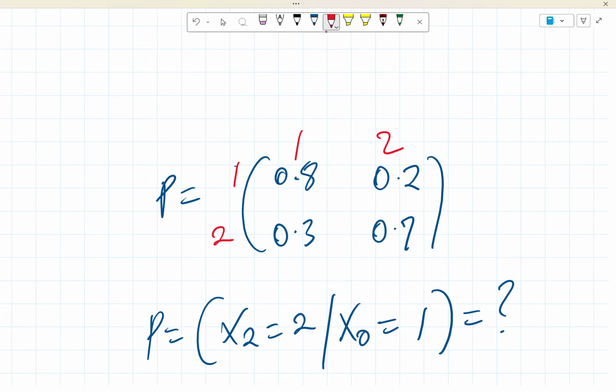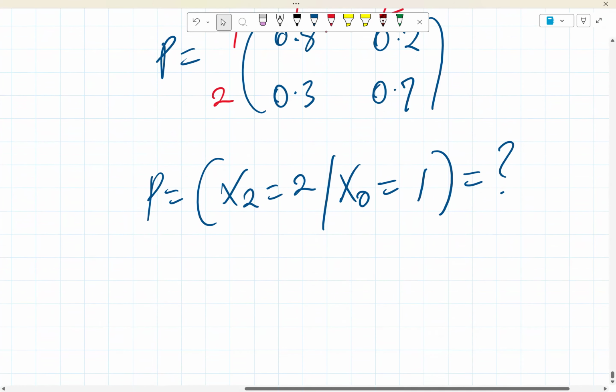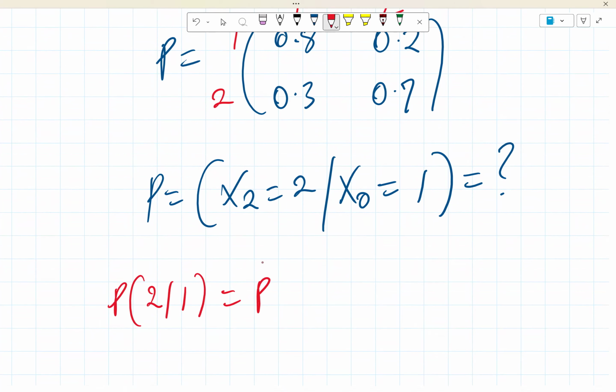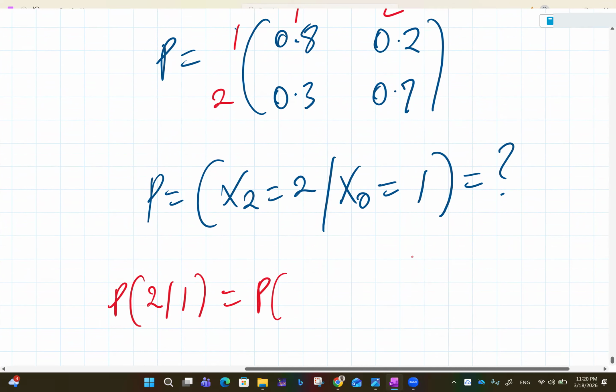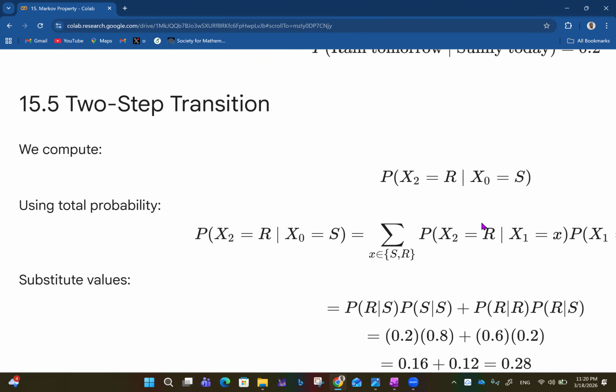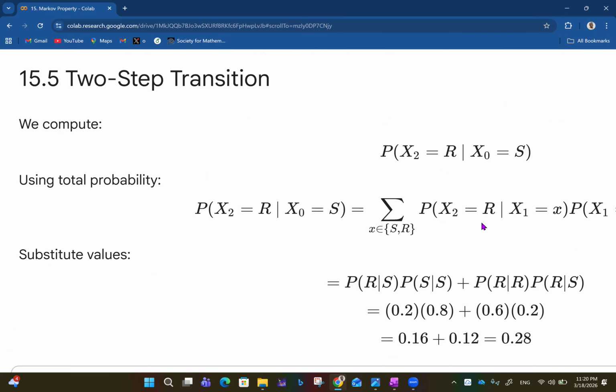So the probability of 2 given 1, that's what we need there, right? So this is like the probability of 2 given 1. Okay, now I need to check that up again. I want to be very sure of the flow. Yeah, the probability of RS now.